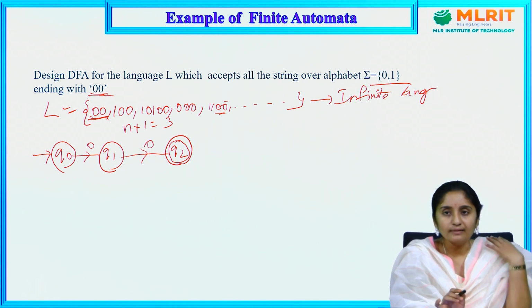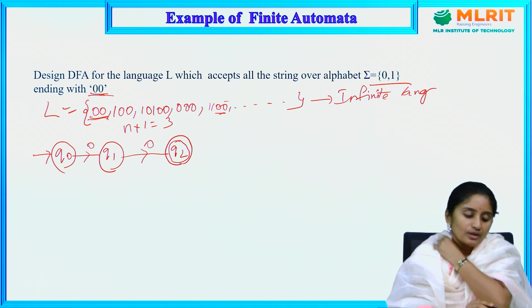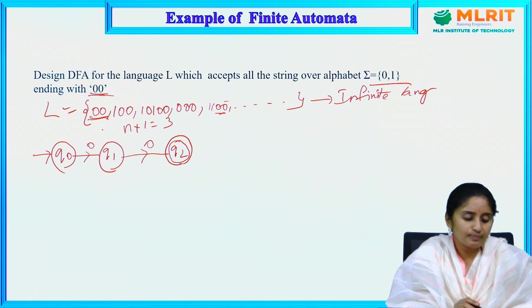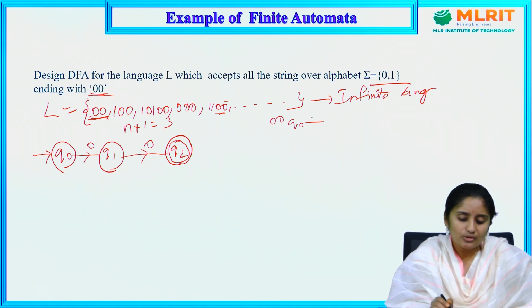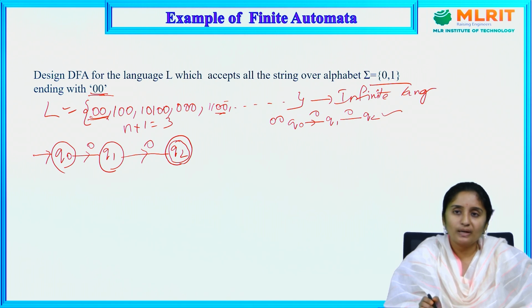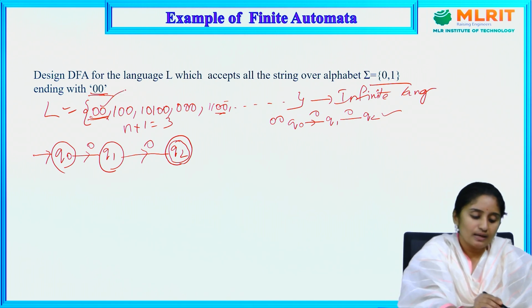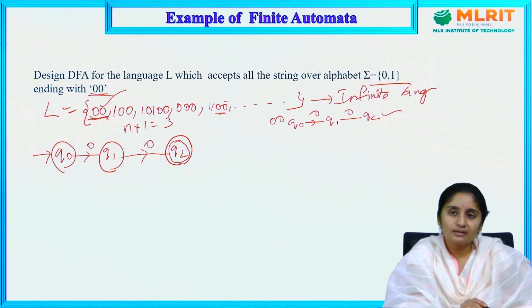Check whether this string is accepted or not. Yes, it is accepted. Q0 on 0 moves to Q1, Q1 on 0 moves to Q2. Q2 is my final state, so the string is accepted.